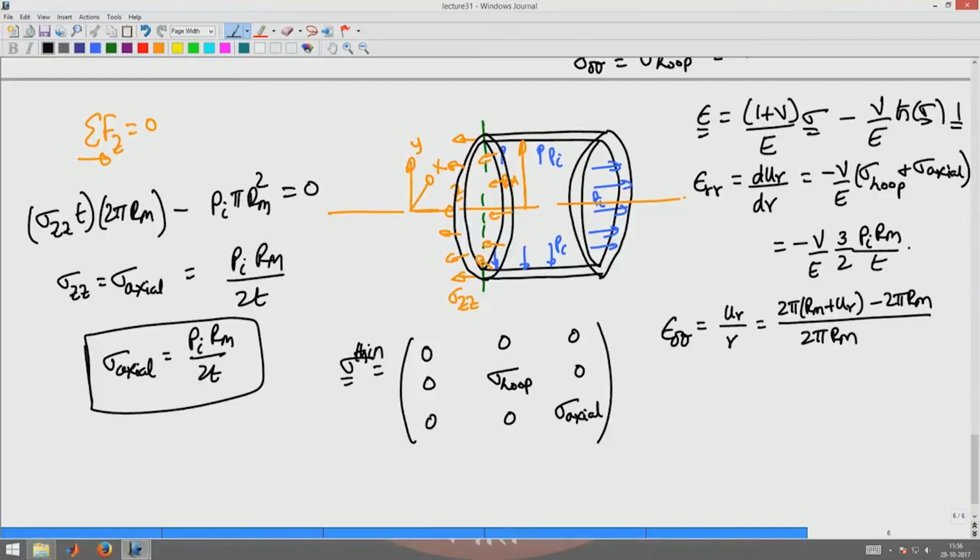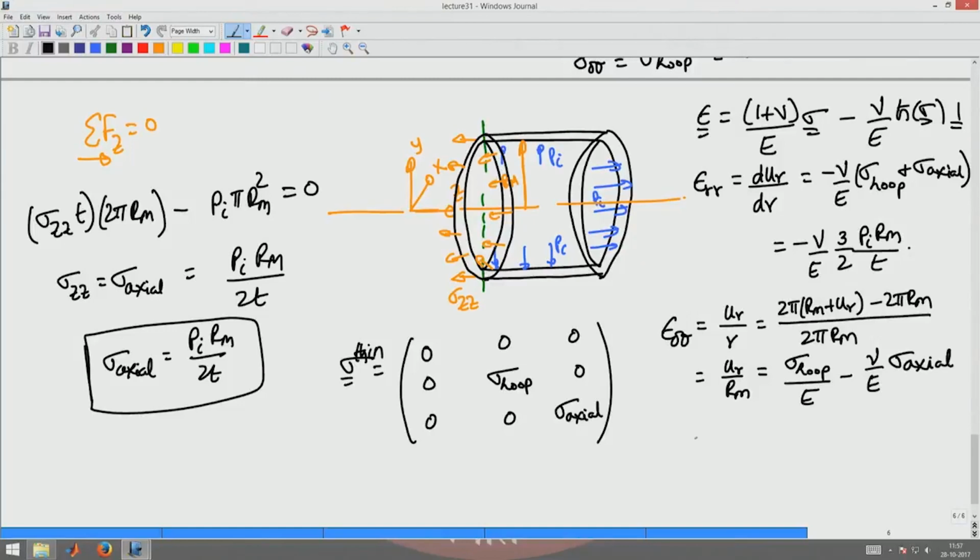So this will be equal to ur by Rm. From the constitutive equation it will be sigma hoop by E minus mu by E sigma axial.